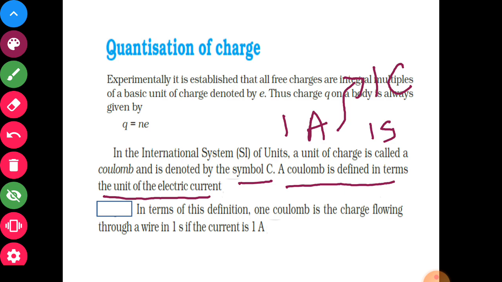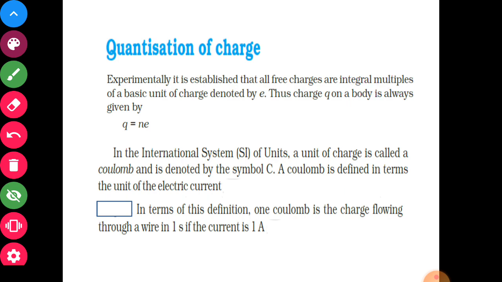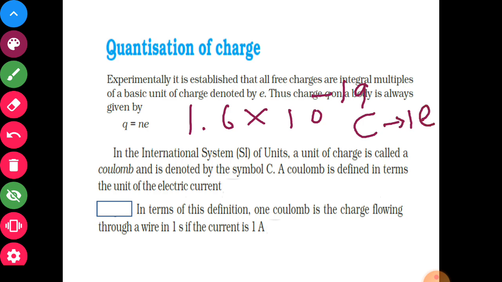Okay, now as you know that charge of electron is 1.6 × 10^-19 coulomb. Just I am taking the magnitude, so positive I have taken. This much charge is carried by 1 electron. Then if there is 1 coulomb charge, then how many electrons are there?